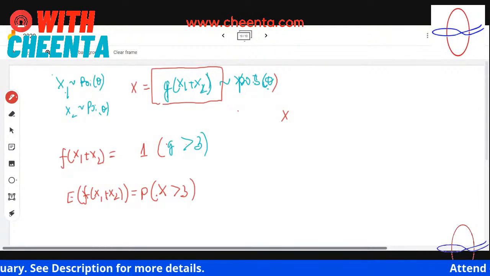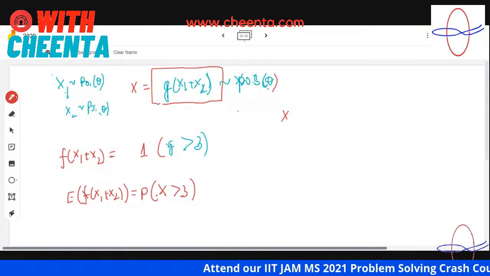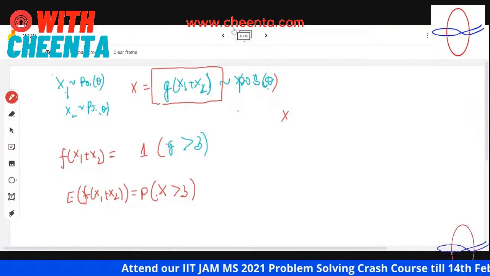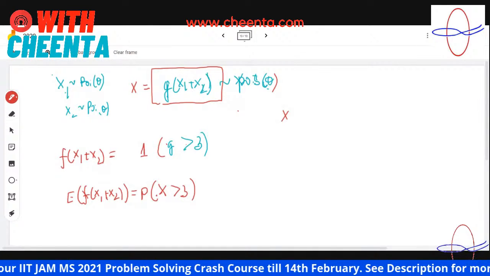And you want to find a probability such that, think about this problem.